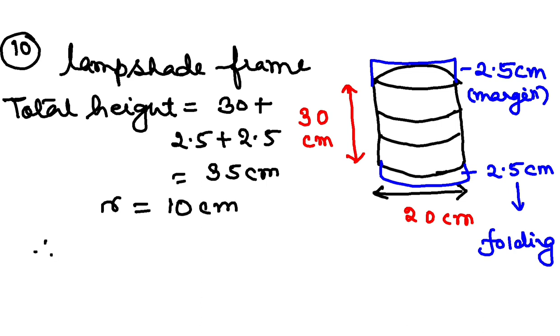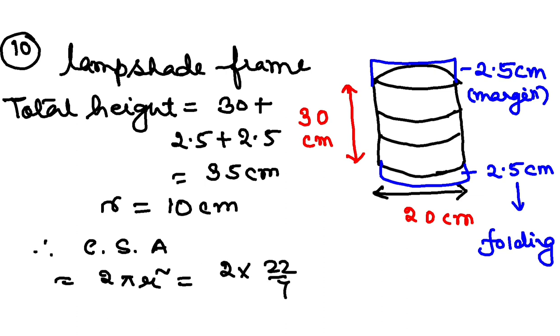So now you have to decorate your piece of cloth, so you have to find the CSA. So the CSA of the entire frame is the 2 pi r h formula. So that will give you 2 into 22 by 7, radius is 10, so 10 into, this is 2 pi r h, my mistake.